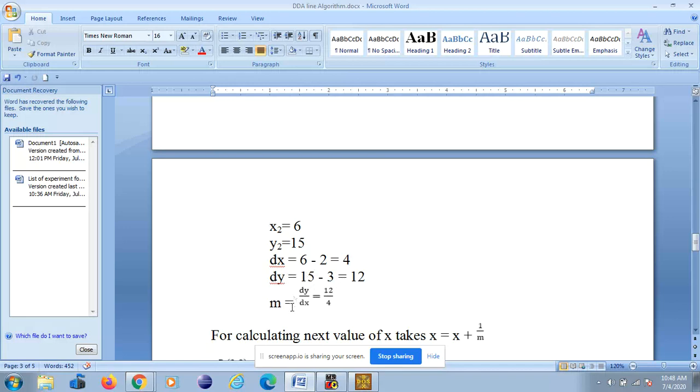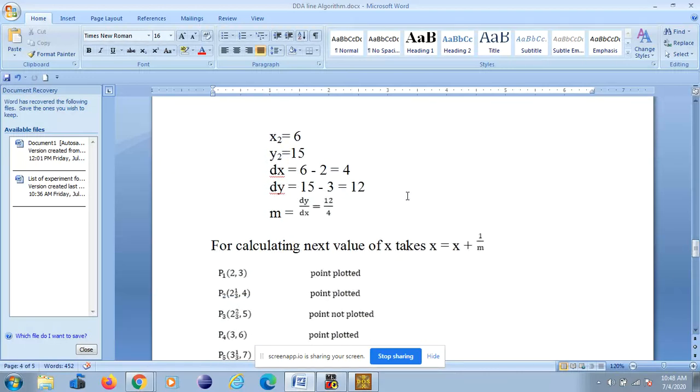After calculating dx and dy, we are able to calculate the value of the slope, and based on the slope we calculate the next value of x. Because the value of m is greater than 1, we take x equals x plus 1 by m, and after that we get the value and plot the point.